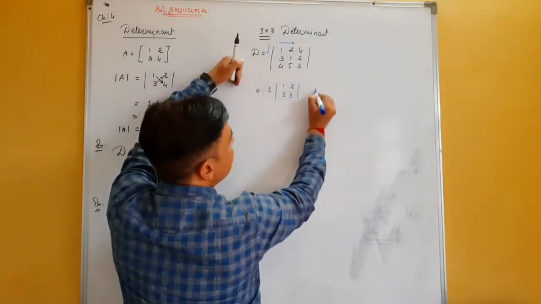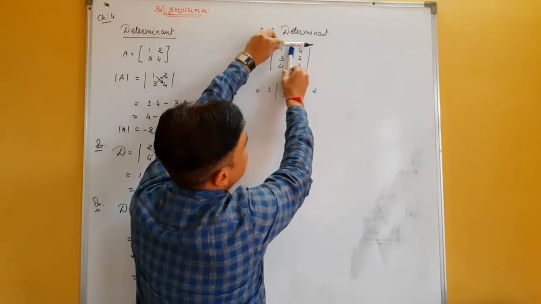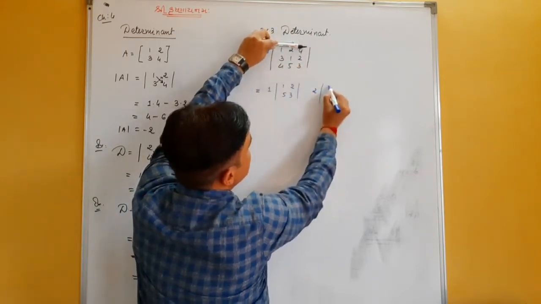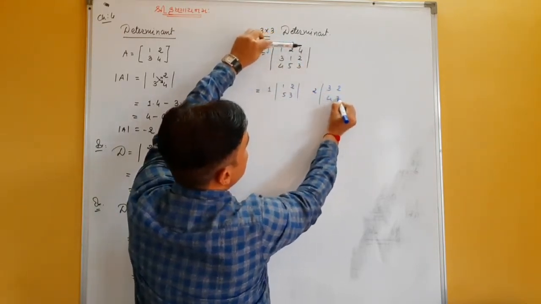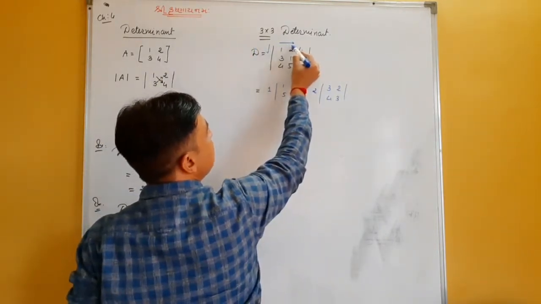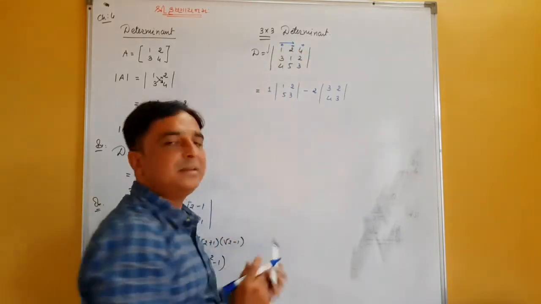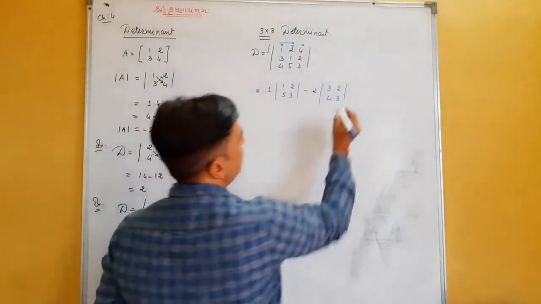The remaining determinant is 1, 2, 5, 3. Now for the second element 2, hide the first row and second column. So we have the determinant 3, 2, 4, 3. The first element is always positive, second is negative, and third is positive. So 2 has a negative sign.